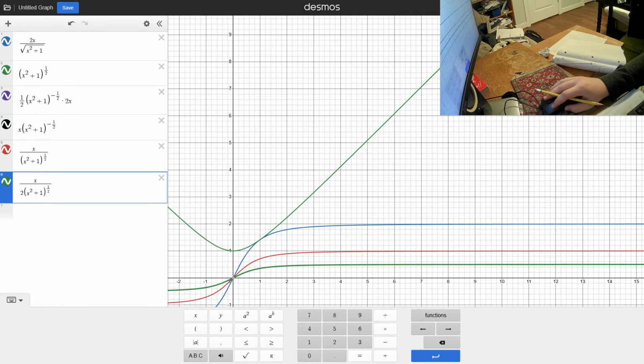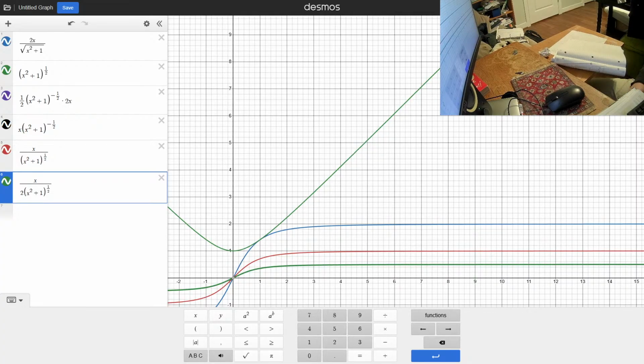I'm over on Symbolab on the other tab. I had the right idea.